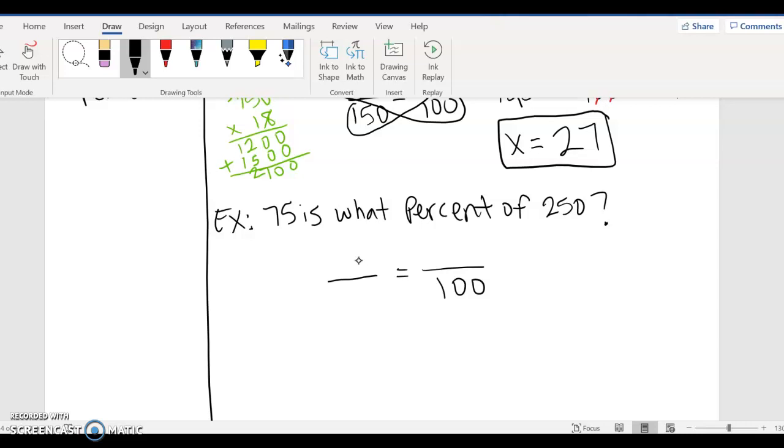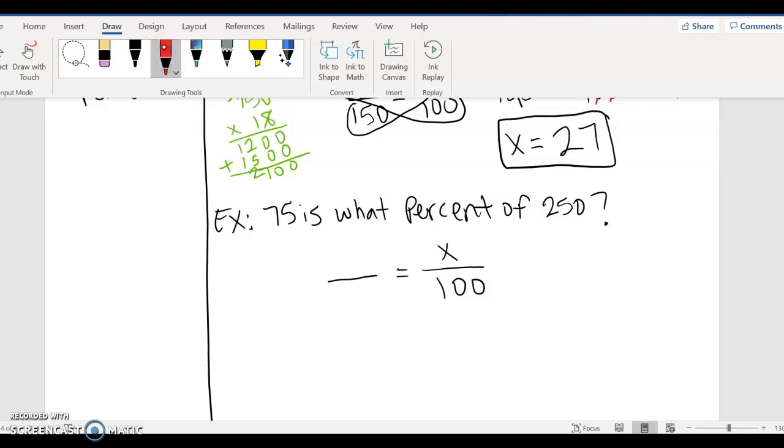Okay, so again, I always start off by asking myself, do I have a number that has a percent sign attached to it? And in this case, I don't. So that means x is going to go over 100 because I do not know what the percent is. That's what we're trying to find. So now we've got to figure out where 75 and 250 are supposed to go in our proportion.